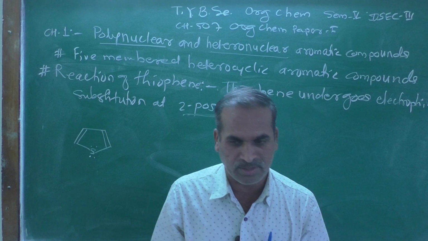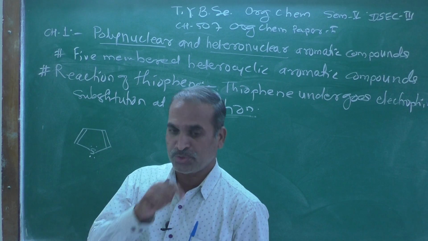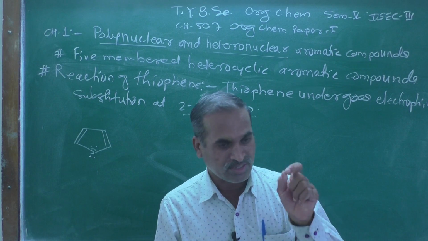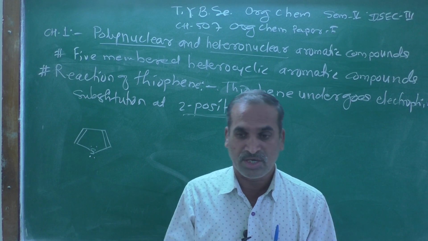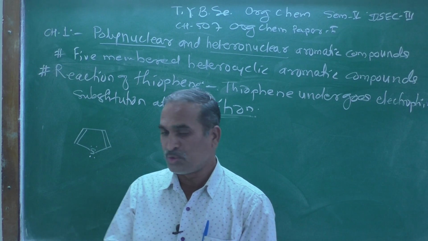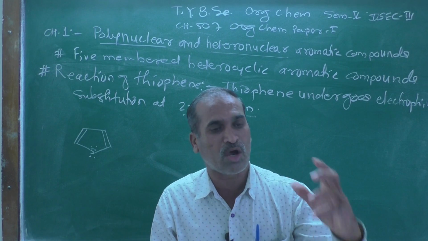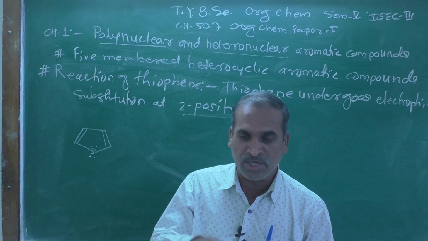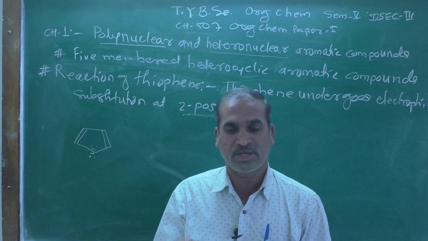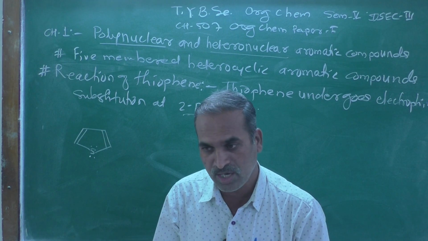more polarizable. In addition to that, the sulfur atom has d orbitals, and due to their presence it can accommodate or tolerate negative charge.